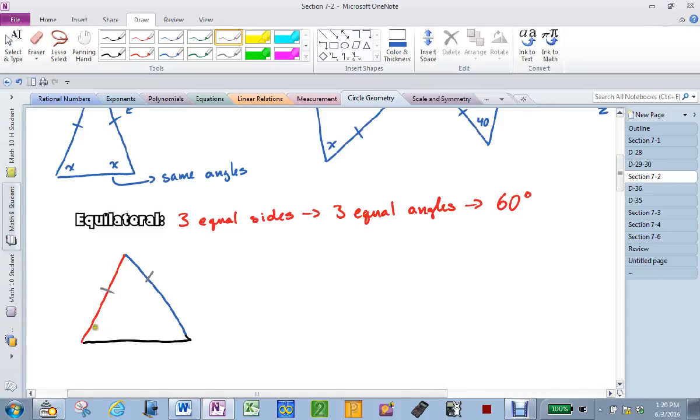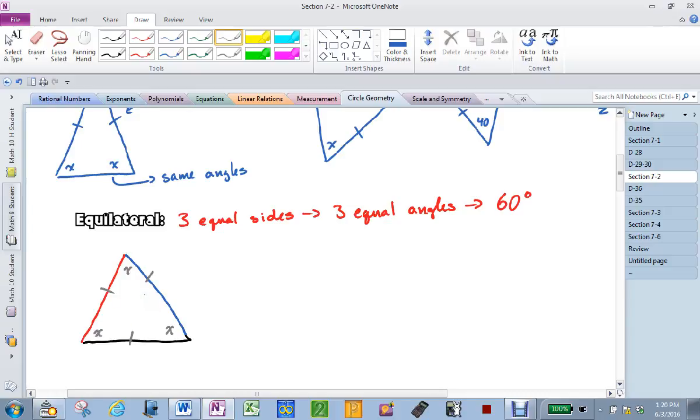The bottom two. So this guy is x and this guy's x, because they're the same, yeah? Now, if I then say these two are the same, then it's these two, yes? So x, x, x, same, same, same, equilateral triangle.